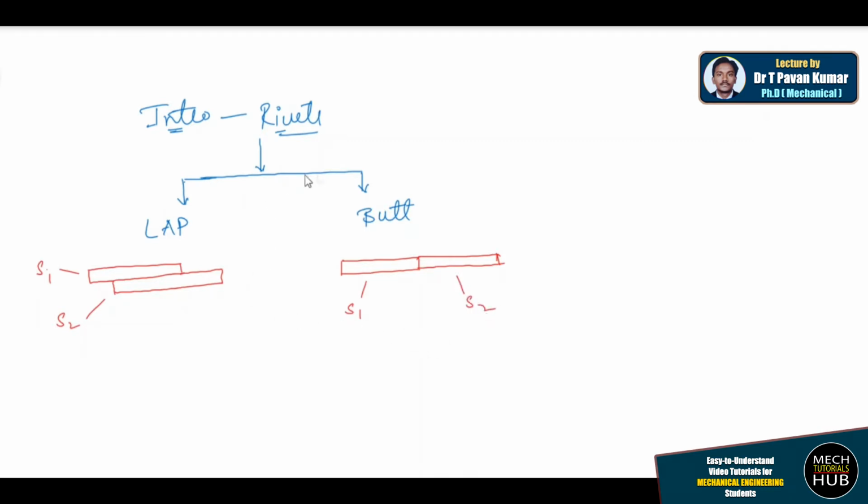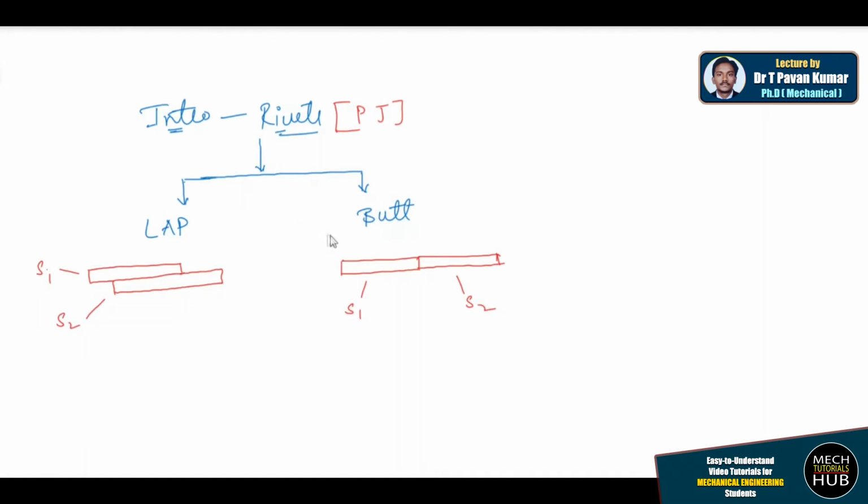Now from the basics it is clear that rivets are permanent joints. So here I would like to join these two sheets permanently for some application point. So this is the arrangement of a lap, this is the arrangement of a butt joint.